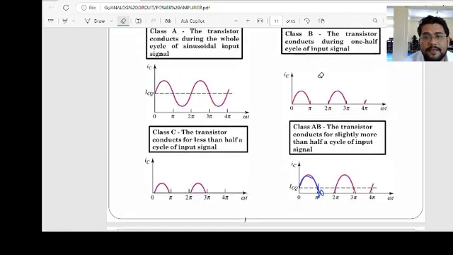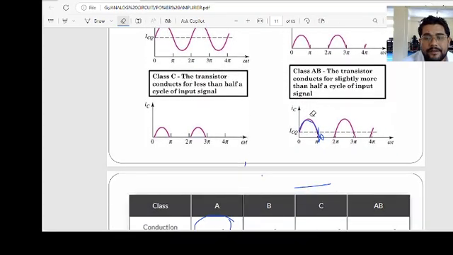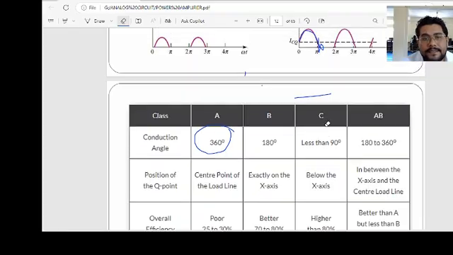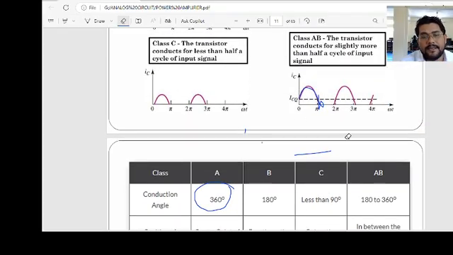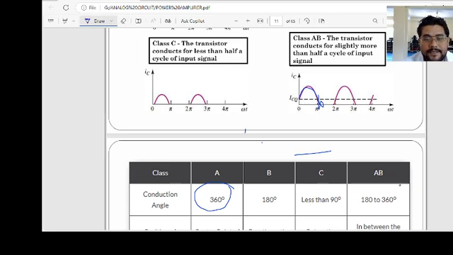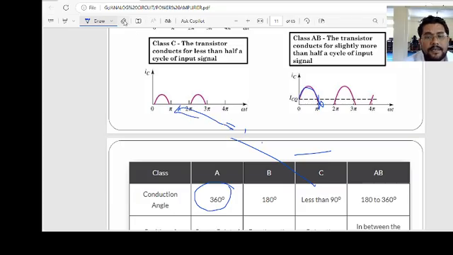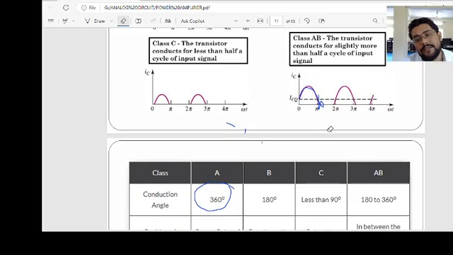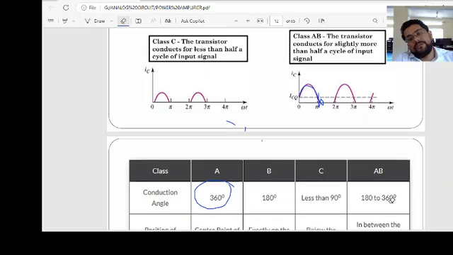This is about class C. And regarding the conduction angle, they will ask in the question: class A conducts 360, class B 180, and class C less than 180.